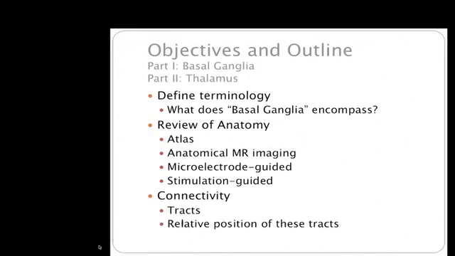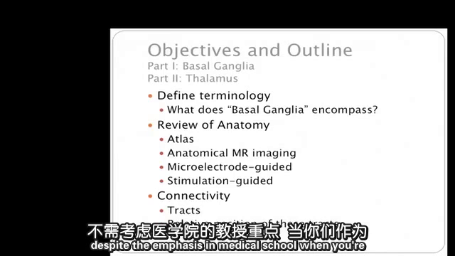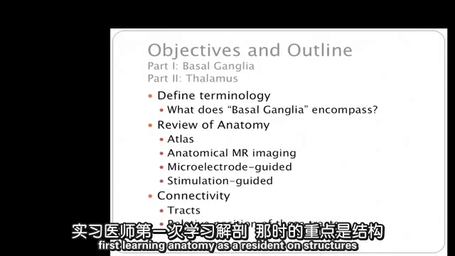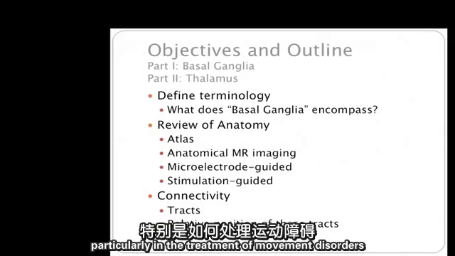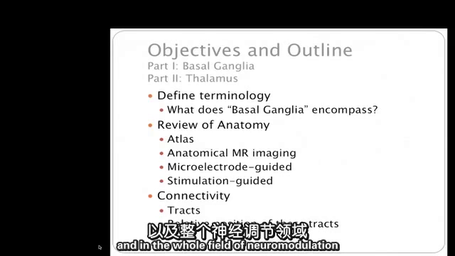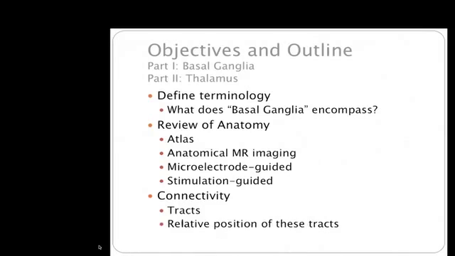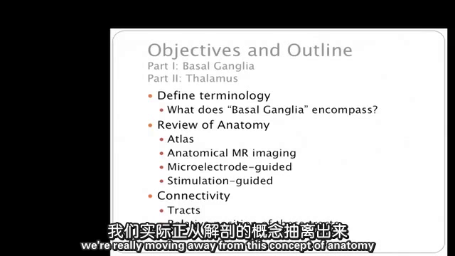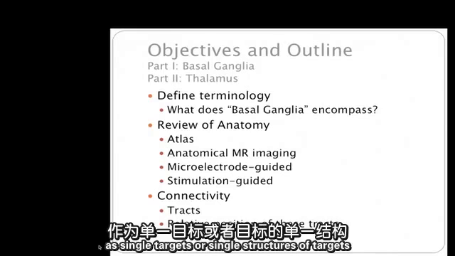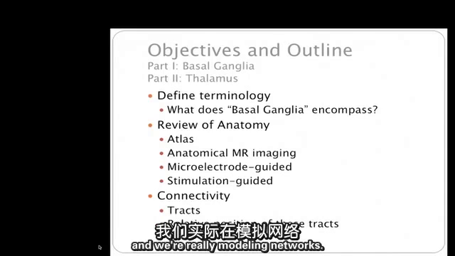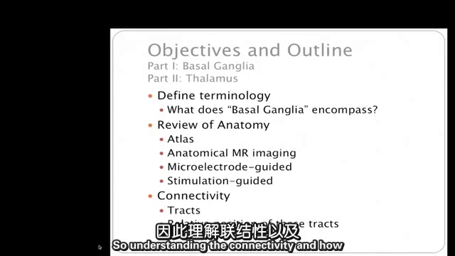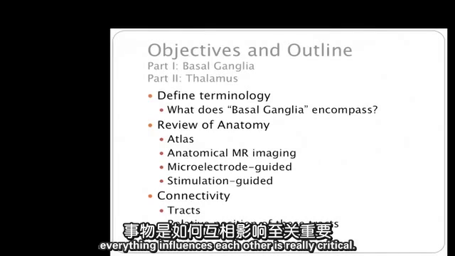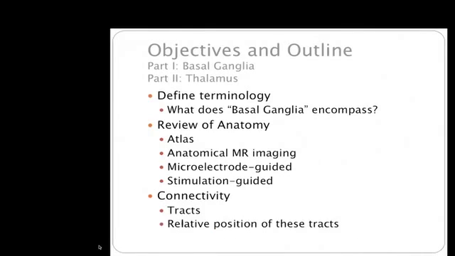Despite the emphasis in medical school and when you're first learning anatomy as a resident on structures, particularly in the treatment of movement disorders and in the whole field of neuromodulation, we're really moving away from this concept of single structures as targets, and we're really modulating networks. So understanding the connectivity and how everything influences each other is really critical.